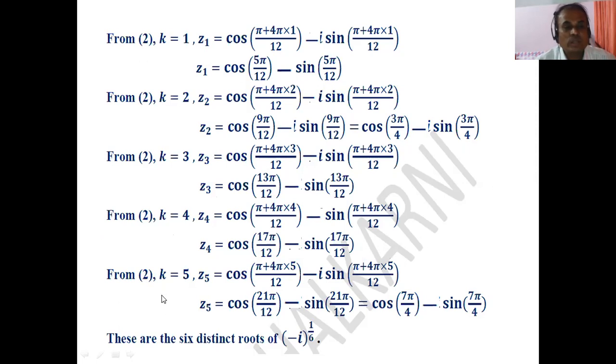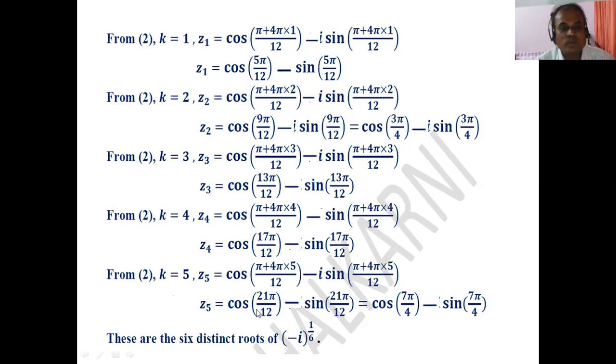Now last we put k equal to 5 in equation 2. From 2, z5 is equal to cos of (pi plus 4 pi into 5) upon 12 minus i sine of (pi plus 4 pi into 5) upon 12. And therefore 4 pi into 5 is 20 pi, 20 plus 1 is 21.